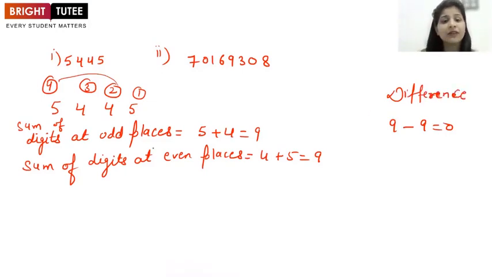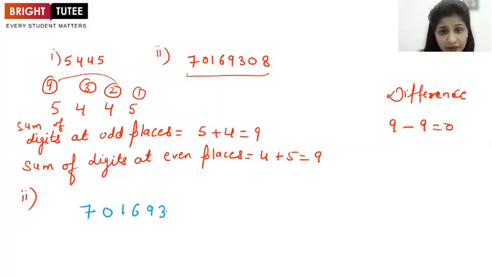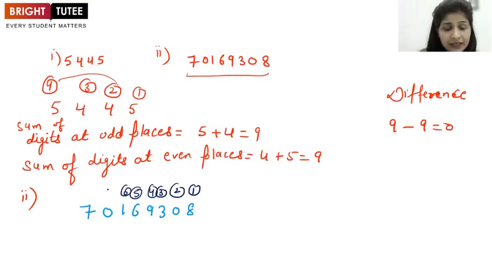Okay, now we will discuss this number. It's a large number. Let's do the second part. The number is 70169308. These are the digits. Let's position them: first position, second position, third, fourth, fifth, sixth, 7 and 8. There are 8 places.